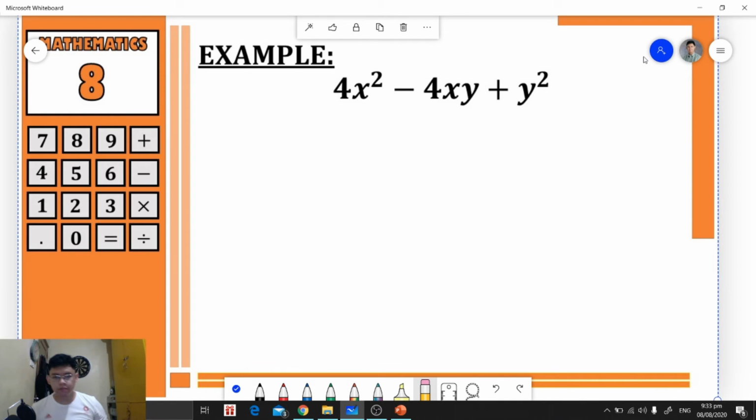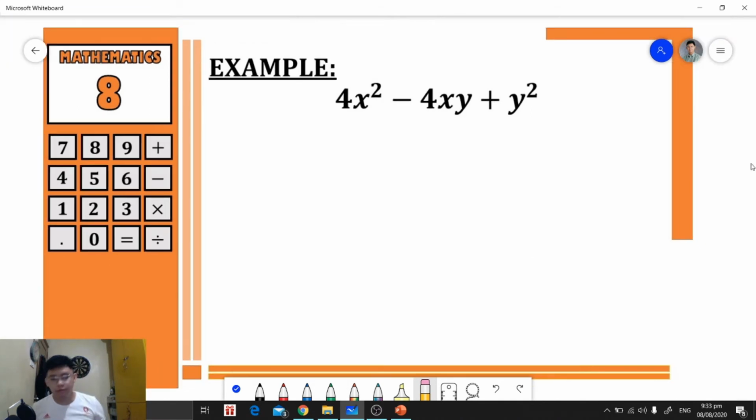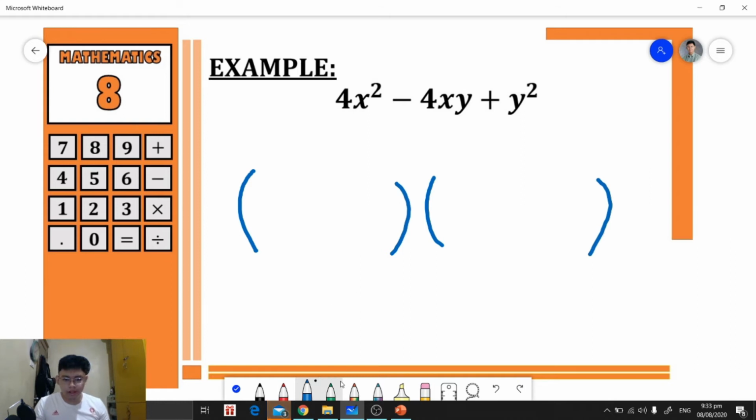Okay, let's have another example. For example, we have 4x squared minus 4xy plus y squared. In order for us to factor this, first we must prepare our grouping symbols. Next step is for us to get the square root of the first term.